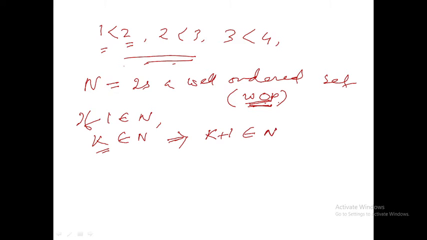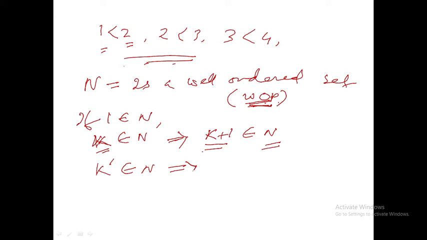It will also belong to natural numbers. See, if I know what is k, I can find the next number. Okay. So if I know the next number is, say, k dash or k1, k1 belongs to natural numbers.